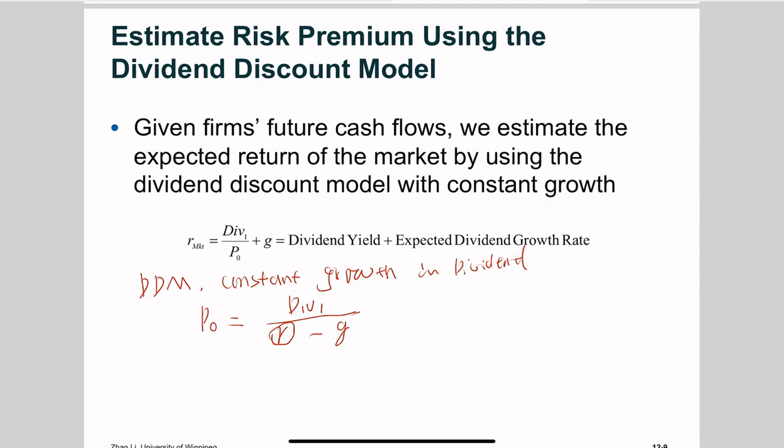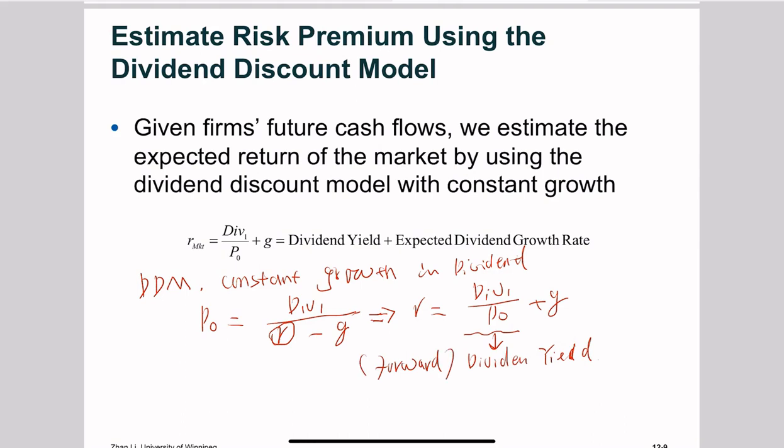So what we're gonna do is we will manipulate this formula, and we would change this into R equals this, right? What is this? Dividend divided by price. So this is essentially the dividend yield. To be more specific, this is the forward dividend yield, right?